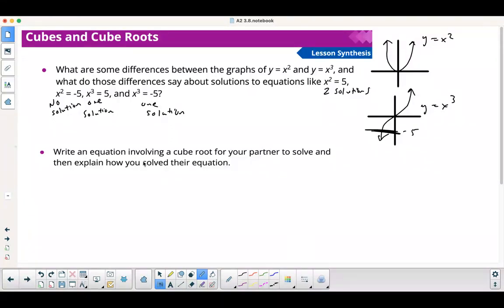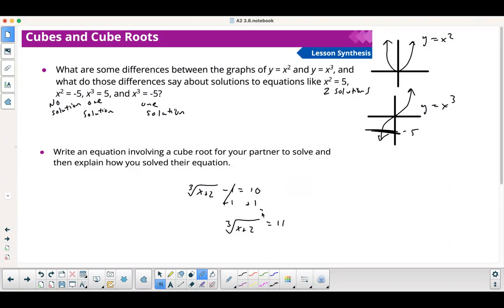Write an equation involving a cube root for your partner to solve, and then explain how you solved their equation. So the cube root of x plus 2, minus 1, equals 10. How's that? So I'm going to add 1 to both sides. First thing I'm going to do is isolate my cube root.